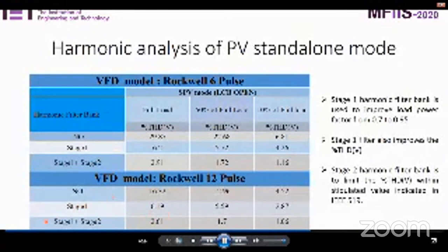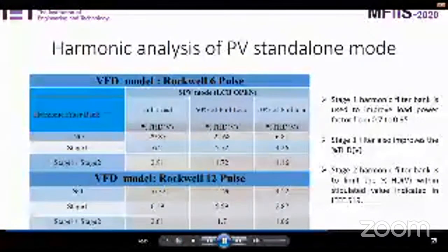And again we use the stage 1 and stage 2 combined mode, and we get the value 2.61% for full load. The additional advantage of this stage 1 filter is that it improves the load power factor from 0.7 to 0.95.